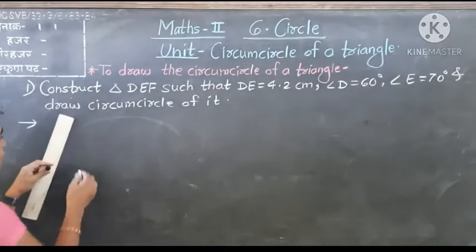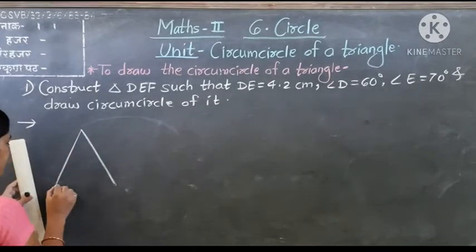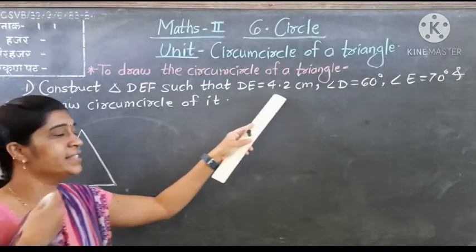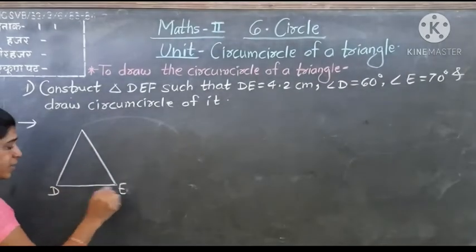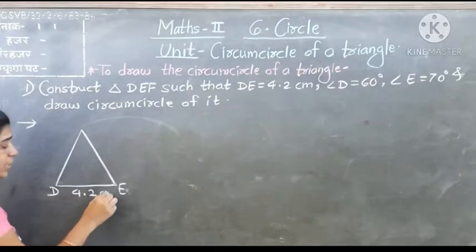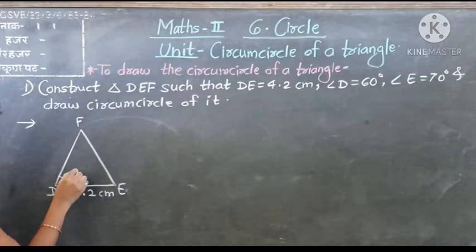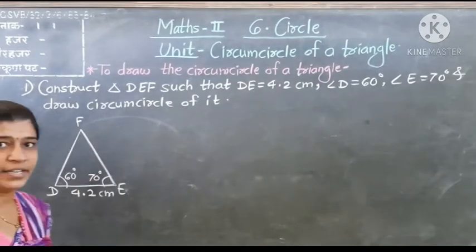So here we draw a rough figure first. The base DE is 4.2 cm, and here is F. Angle D is given 60 degree and angle E is given 70 degree.